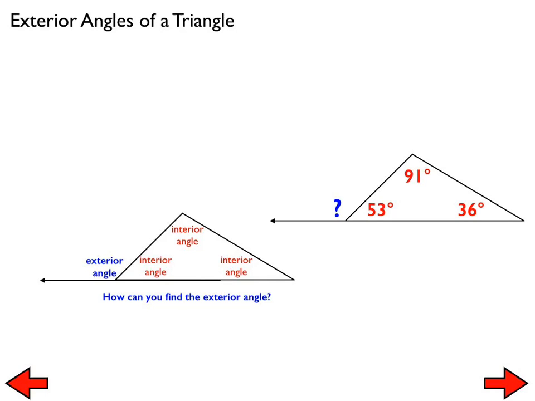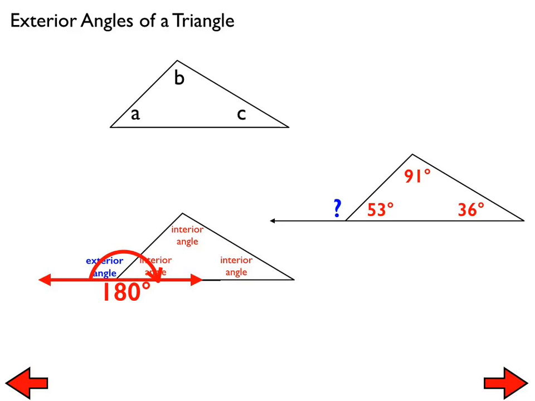One other thing I want you to see here, and that's basically what I'm showing you right there, is that those two angles, the question mark and the 53, have to add up to 180 because they're supplementary to each other. But one other thing I'm going to show you is this. If we utilize that strategy that I just talked about, showing you the elementary proof of 3 angles in a triangle adding up to 180, you should realize that angle B and angle C make up that exterior angle.